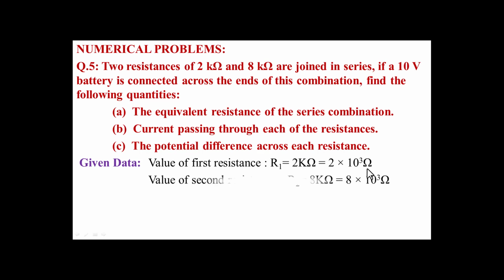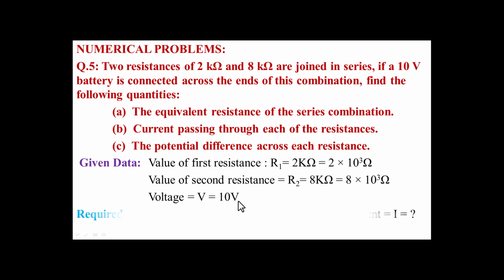Similarly, the value of the second resistance R2 is equal to 8 kilo ohm. Here kilo is 10 raised to power 3. So R2 is equal to 8 multiplied by 10 raised to power 3 ohm. Similarly, the voltage V is equal to 10 volt.